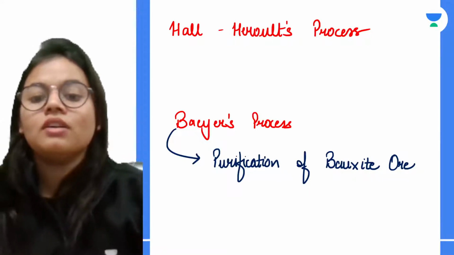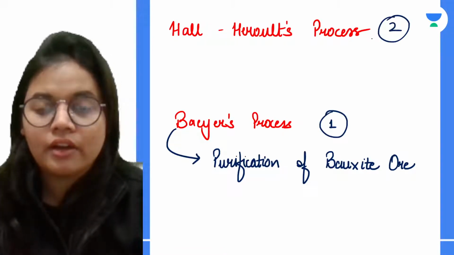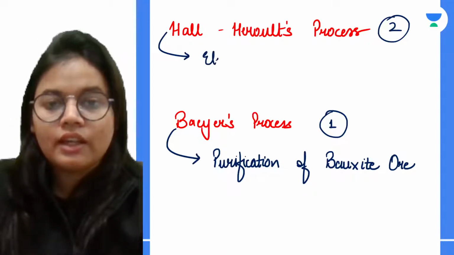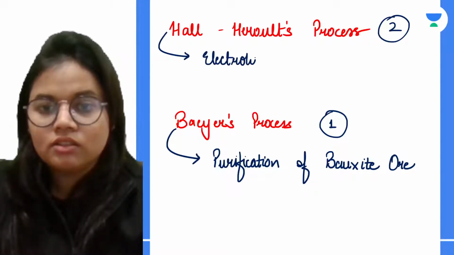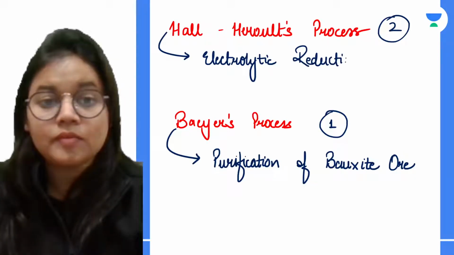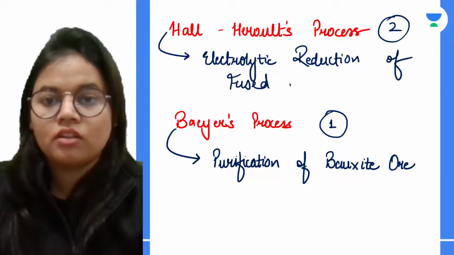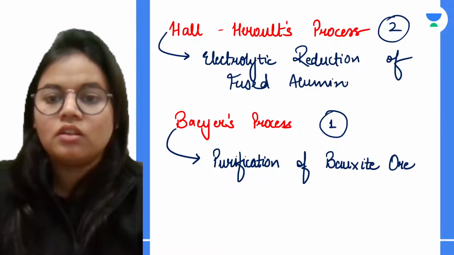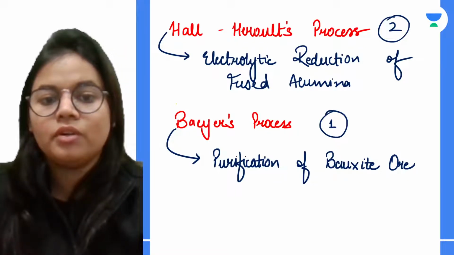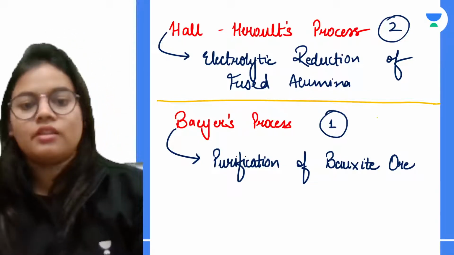So this is the first process, and the second process is Hall-Heroult's. What happens in this process is the electrolytic reduction of fused alumina. Okay, now these are the two processes that you need to remember, because as I told you, the questions could be asked in any form.